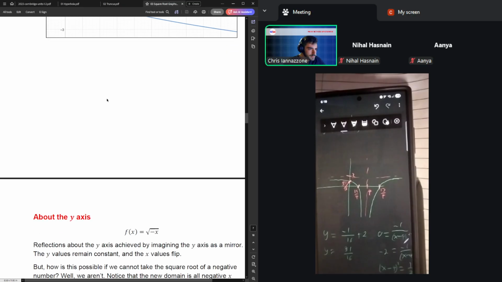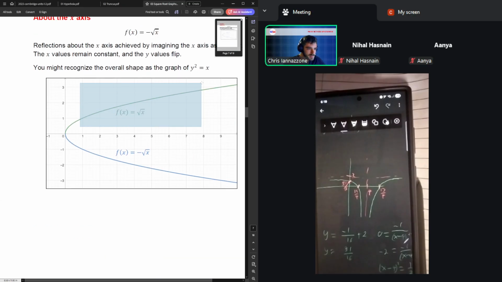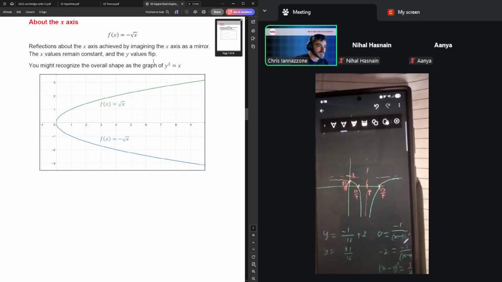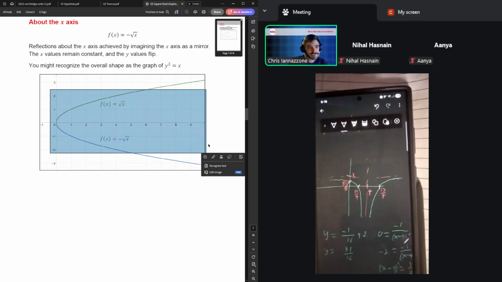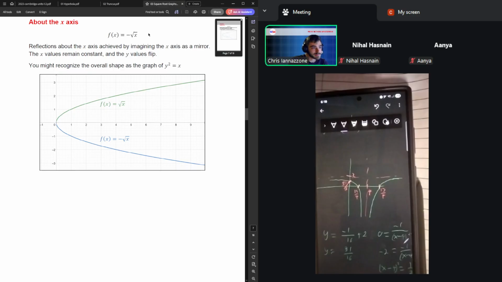That's plus square root of x. That's minus square root of x. So you get two halves of the relation. As far as methods is concerned, we only really ever care about one or the other.